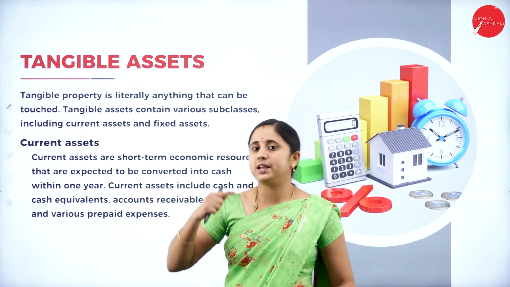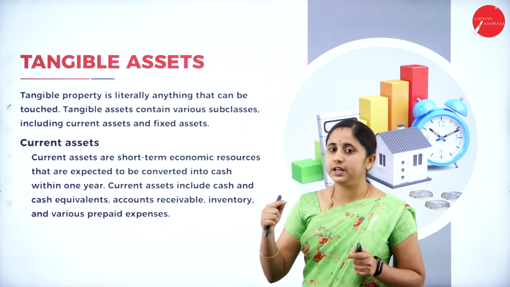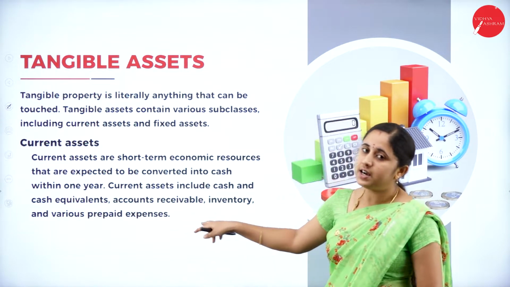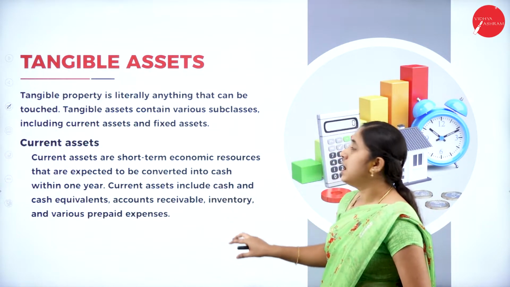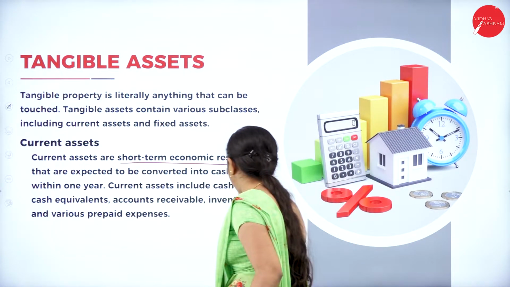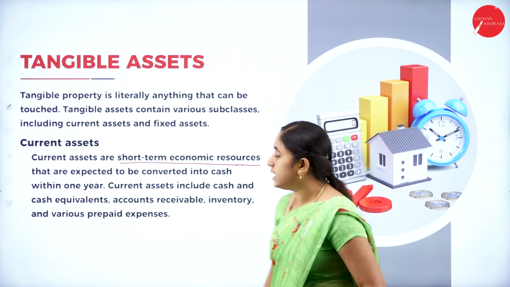All the assets which can be converted into cash within 1 year. In a short term period, you are getting a revenue or benefit from the asset. That is called current assets. Short term economic value or economic resources is considered as current assets.